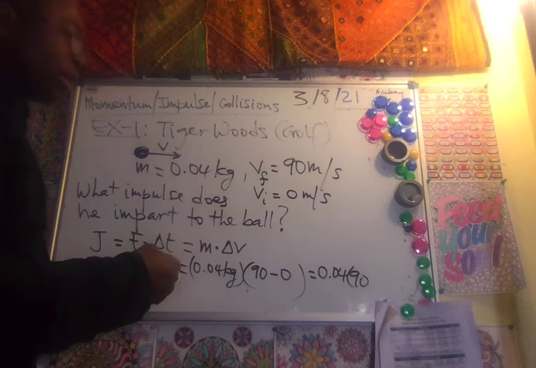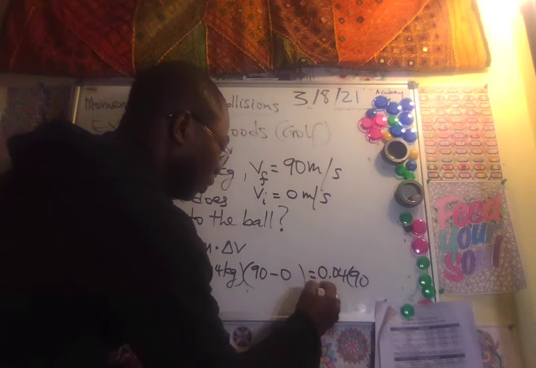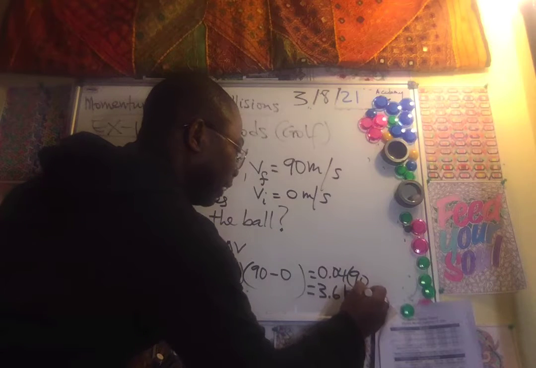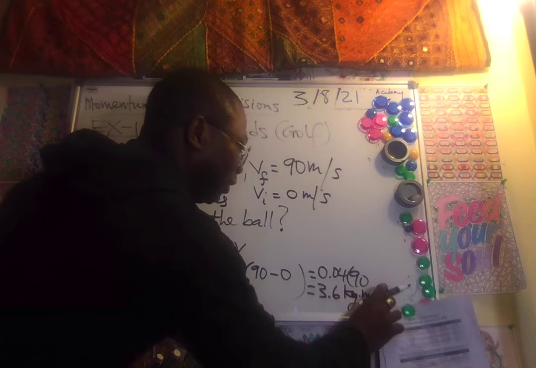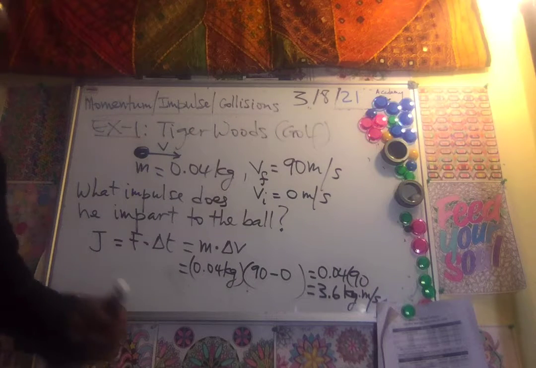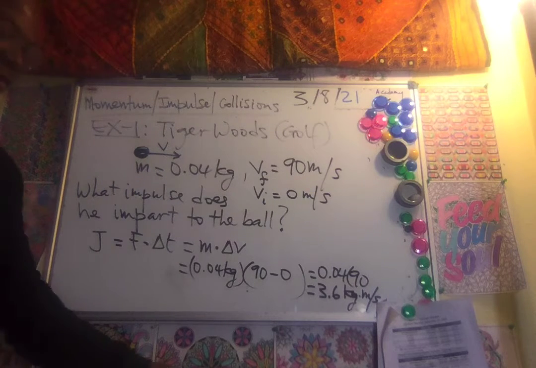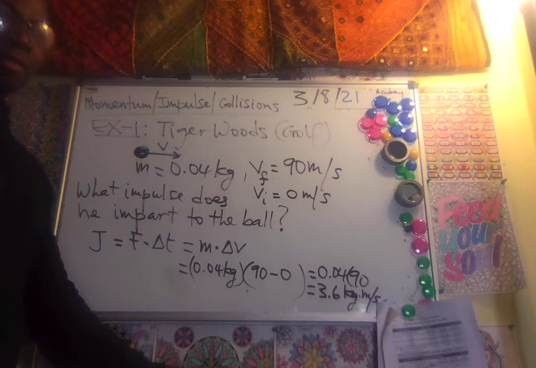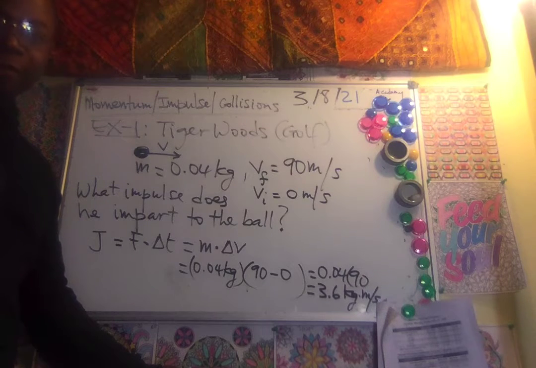So kilogram meter per second. Okay? So your answer is 3.6 kilogram meter per second. So don't just put kilogram. If you put kilogram, that will be wrong because kilogram is just the mass. Okay? So kilogram meter per second. We good?